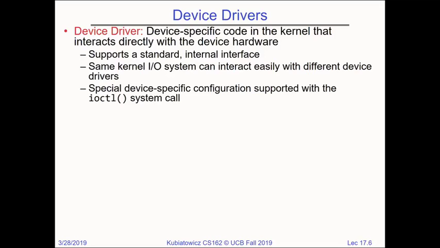Those interfaces from the top part of the kernel are all standardized. From the bottom, of course, it's different to talk to the USB bus or to an IDE disk or to a SATA disk. There are different protocols underneath, but the standardization basically helps us above. And there's typically special device configuration supported through the ioctl system calls.